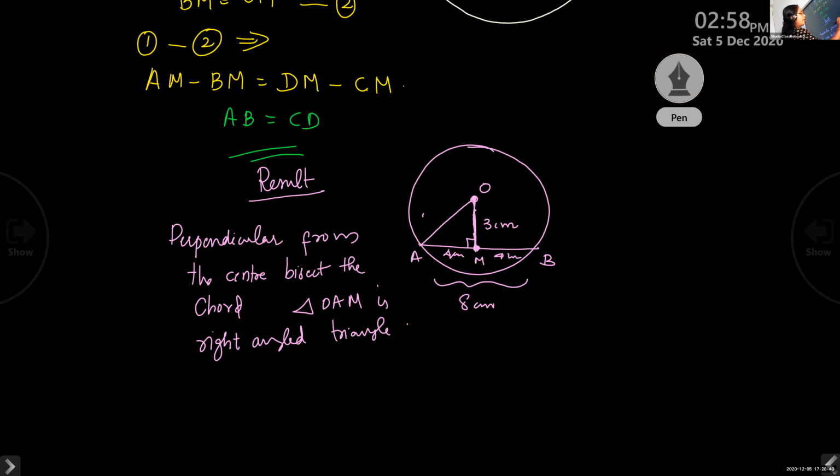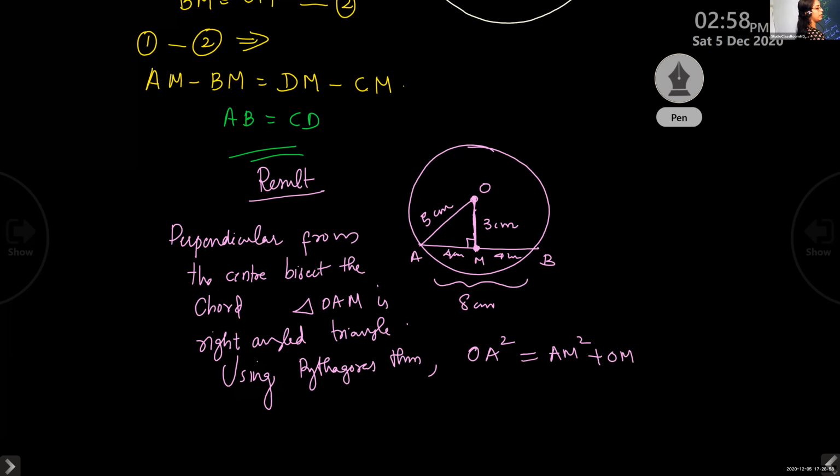So using Pythagoras theorem, OA square equal to AM square plus OM square. So that is equal to 4 square plus 3 square, 16 plus 9 equal to 25. So OA equal to root 25 equal to 5.